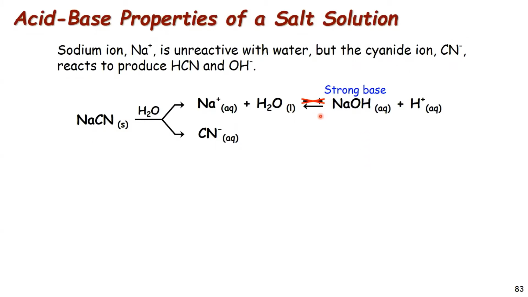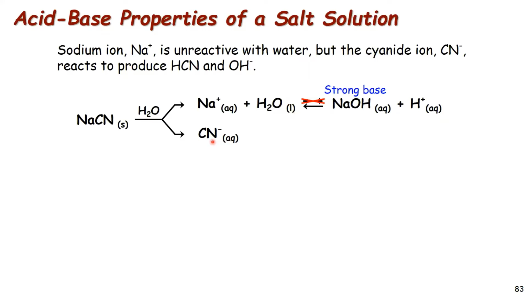So the reality is it's never going to go in this direction, because as soon as it would form this, it would immediately go back and dissociate into the sodium and the water. So you're going to hear me talk about the cations of strong bases not hydrolyzing. This is what I mean. When I say the cation of a strong base will not hydrolyze, basically it means that nothing's going to happen. It's going to remain as just the sodium ion by itself in water.